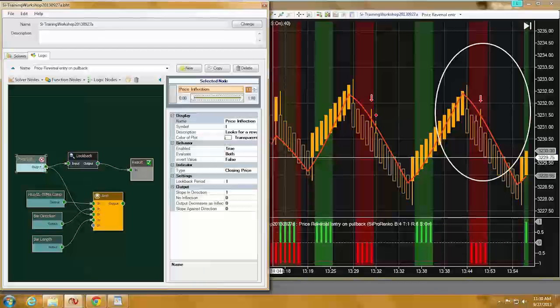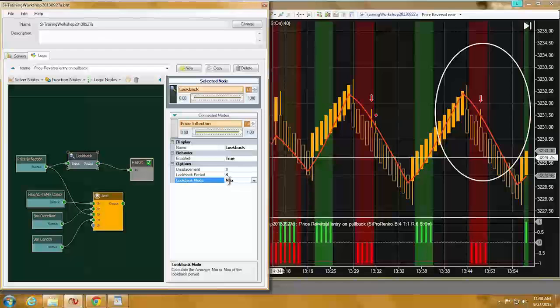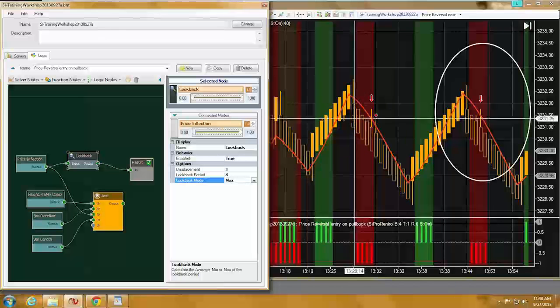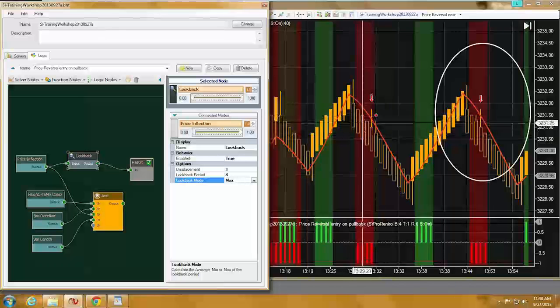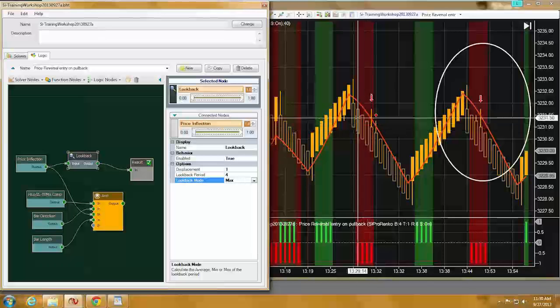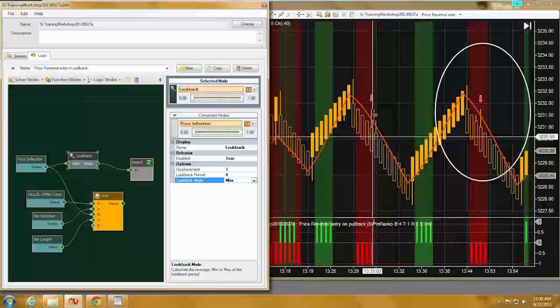The inflection solver is sending a confidence value of 1, or 100%, into the Lookback, and we're looking for any maximum value coming in. So as long as there's one signal, a value of 1, coming into the Lookback within this 4 bar Lookback period, then we get a signal coming out.